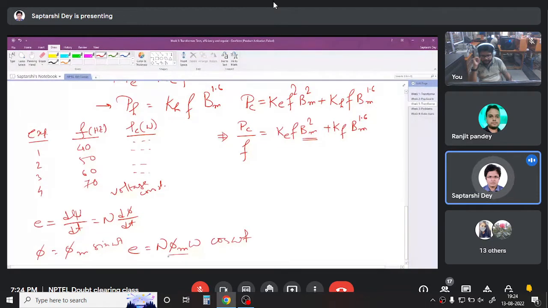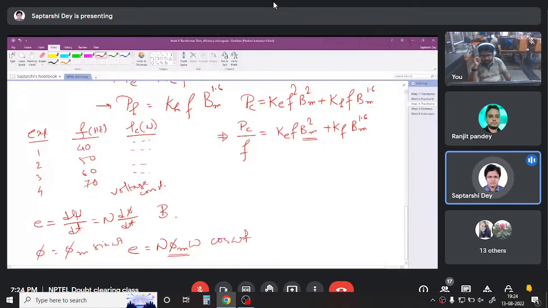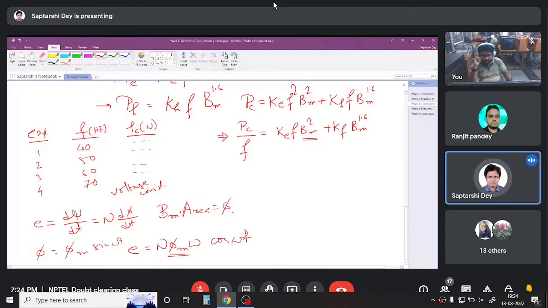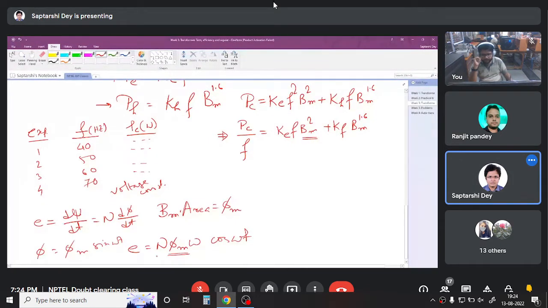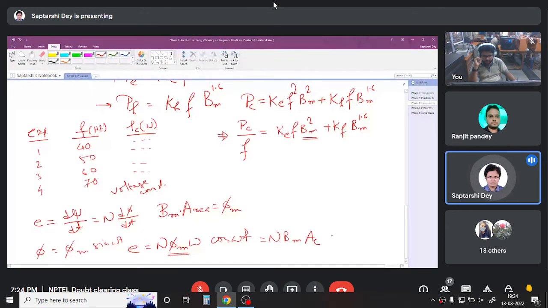Now what is the relation between phi max and B max? B max times area of the core is phi max. So I can write N into B max into area of core, AC, omega cos omega t. So this is the instantaneous value of EMF.